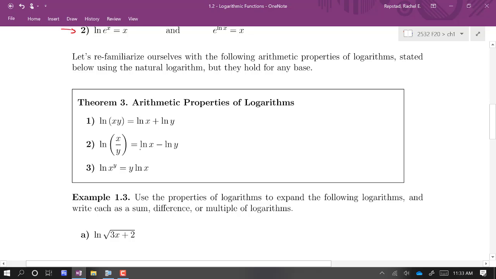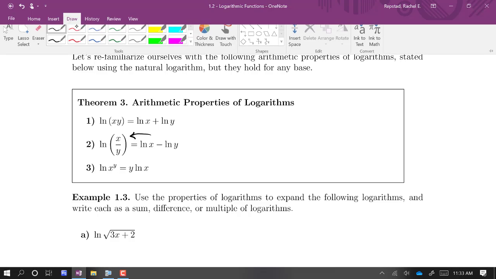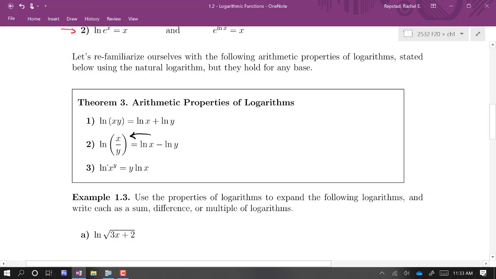If I'm subtracting two logs that are the same base, I could write it as a single log by dividing inside. Same goes for that product in item 1. And then here's probably my favorite property. If I'm raising stuff to a power inside the log, then I can take that power and bring it down in front as a factor. So we could use these properties to rewrite logs.